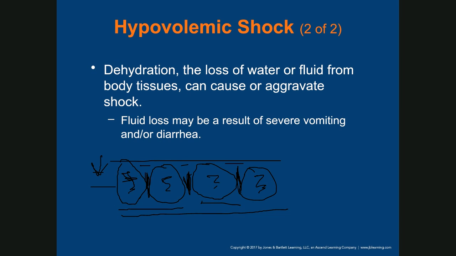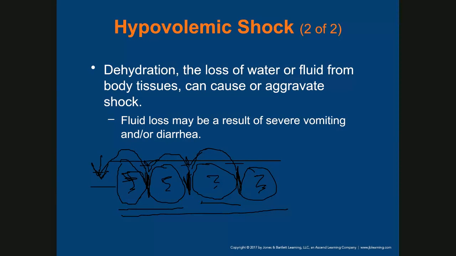Now, what the body does to compensate for that fluid deficit is the fluid that is between the cells will move into that space to fill it. So this fluid starts to move and fill that space. And when the fluid that is between the cells shifts, the fluid that is inside of the cell will move to fill this space.